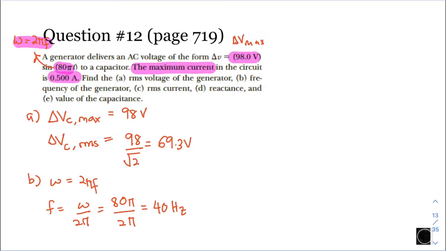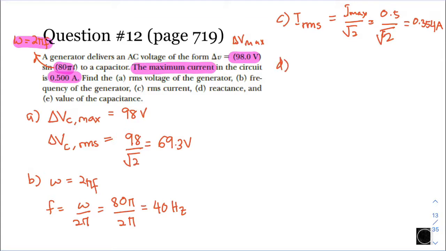So for part C, I RMS is equivalent to I max over square root 2, which is 0.5 divided by square root 2, which gives you 0.354 ampere.